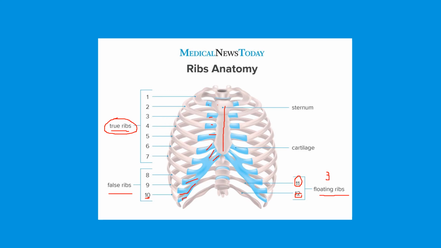So the true ribs are directly attached, false ribs are indirectly attached, and floating ribs are not attached to the sternum. They are only attaching to the thoracic vertebrae, thoracic vertebrae number 11 and number 12. Because they are present in a floating-like condition in your body, they are called floating ribs.